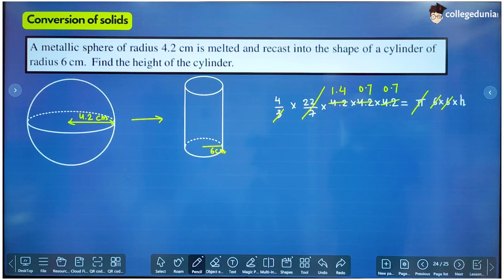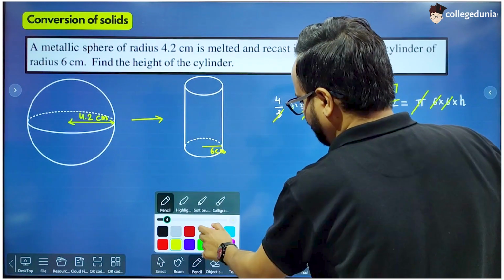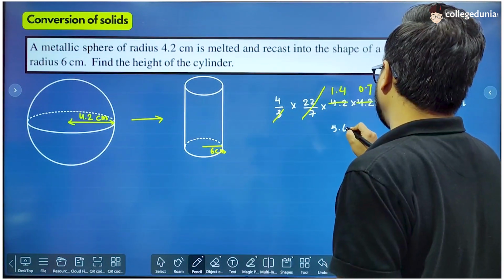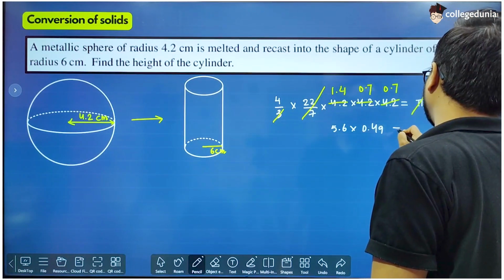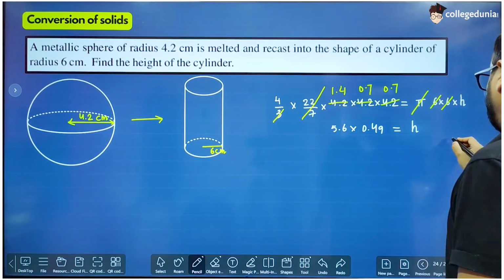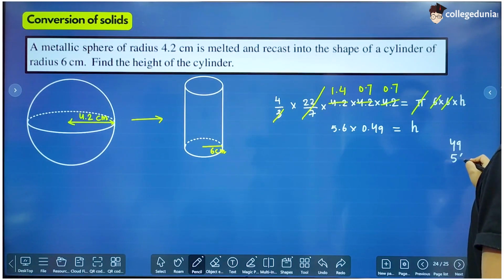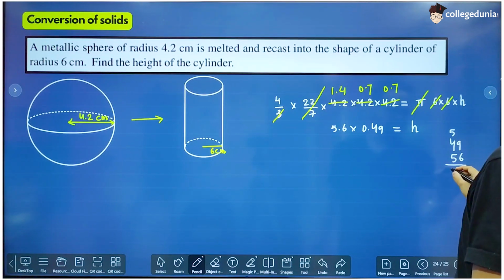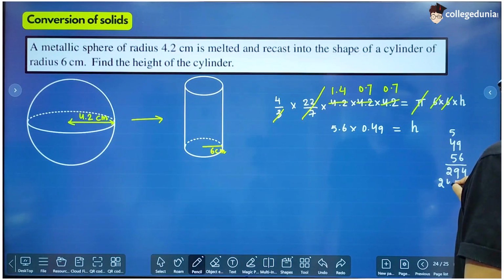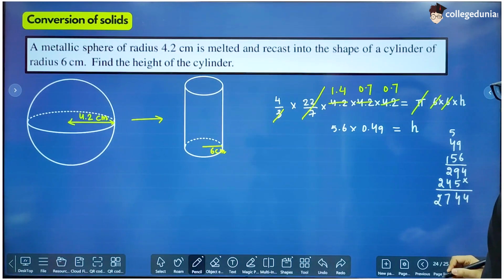So the answer is 4 into 1.4, that is 5.6. 5.6 into 0.7 is 0.49, and that is height. So 49 into 56 is 2744.